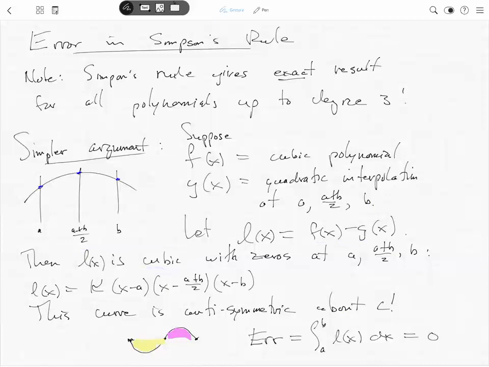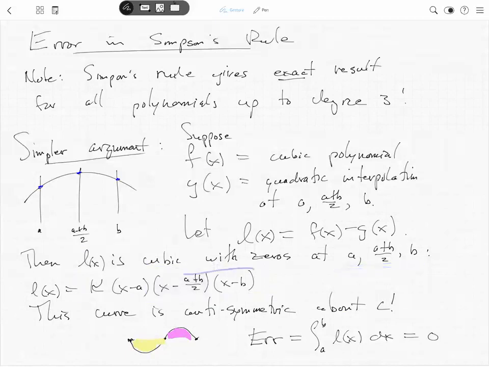Therefore, L is a cubic polynomial with these 3 zeros, therefore it can be factored to look like this. It's going to be some constant times x minus a, because a is a 0, times x minus b, because b is also a 0, and it's also going to be times x minus (a plus b) over 2, because that's also a 0, right? So we just factored out x minus r for each root r, and the roots are these 3 numbers.